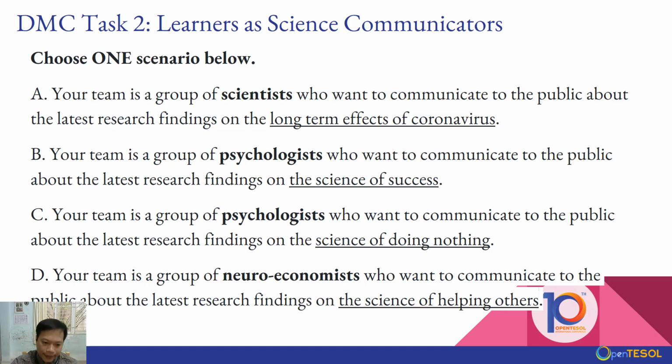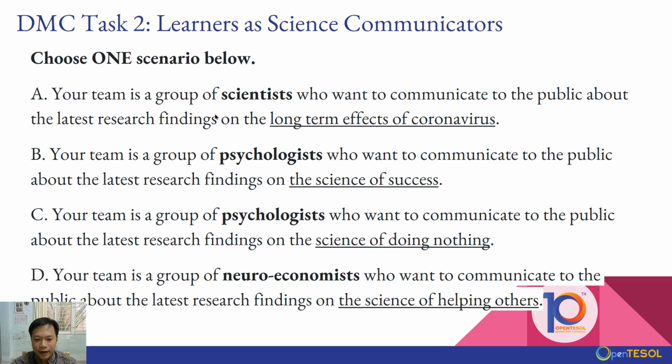So after the data visualization test, the students could be asked to become science communicators. They could choose one of the 4 scenarios. For example, in scenario 1, they could imagine that their team is a group of scientists who want to communicate to the public about the latest research findings on the long-term effects of coronavirus.